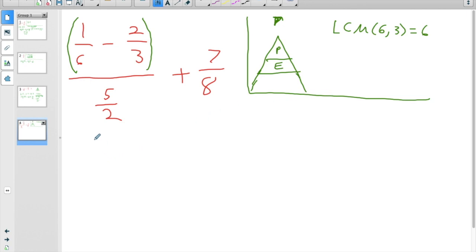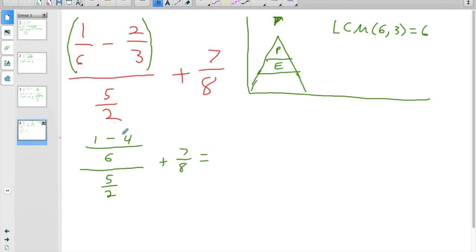So we have 1 minus 4, because we had to multiply the 3 by 2 to get 6. So 1 minus 4 over 6 over 5 halves plus 7/8.